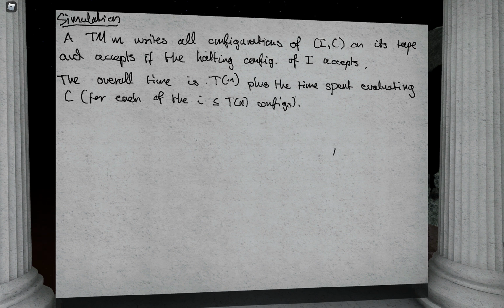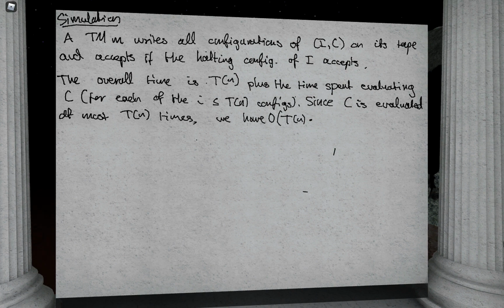Since C is evaluated at most t of n times, we have big O of t of n times little t of t of n. Yay, we did it.